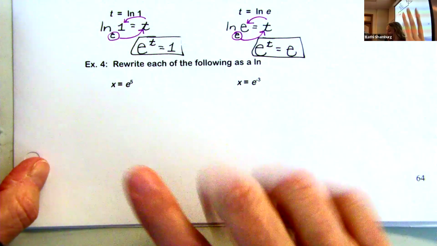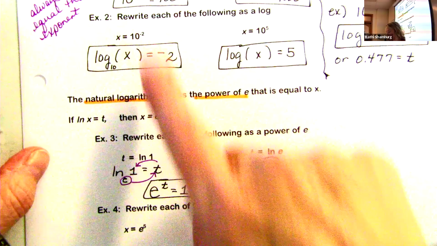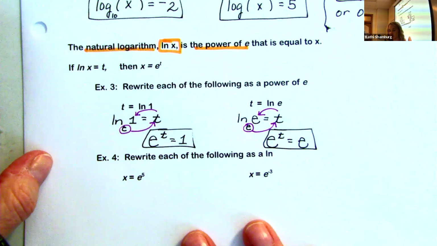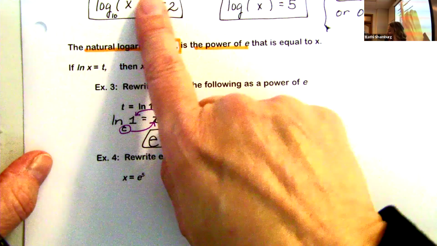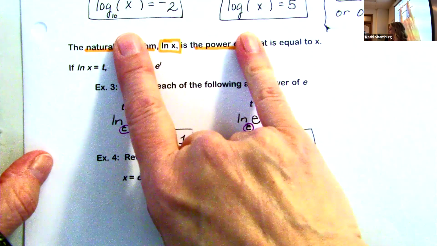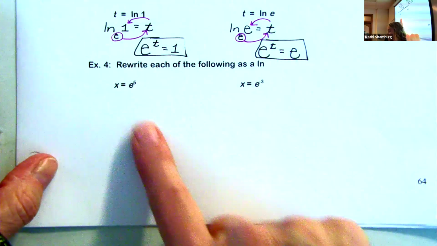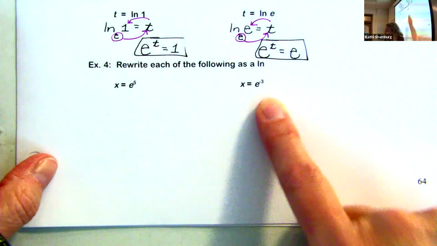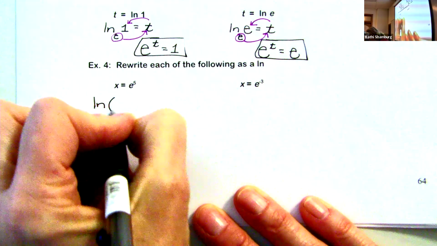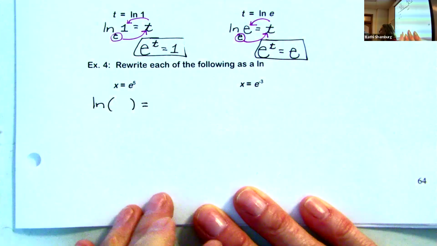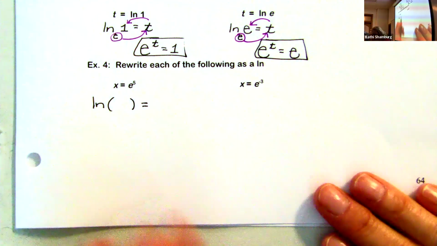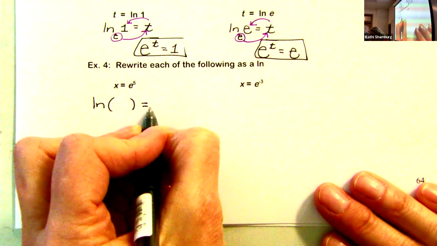So how do I know when I am going to use log or I'm going to use natural log? It's all about the base. Since this has base 10, that's why we rewrote it as a log. This has base E, so that means I would rewrite it as a natural log of something equals something. It's always equal to the exponent, so this will be equal to what?